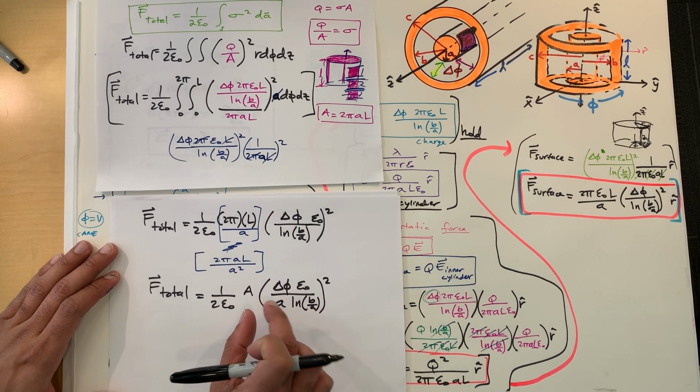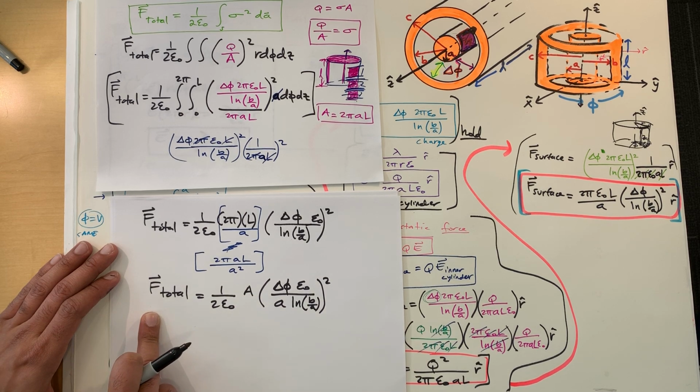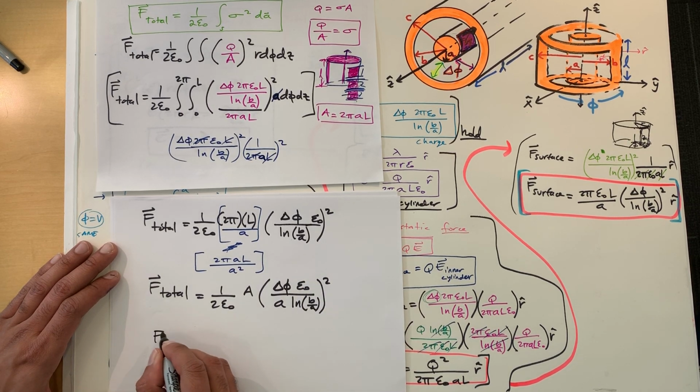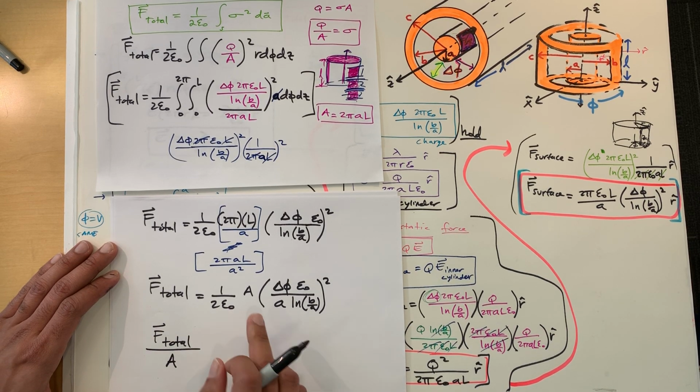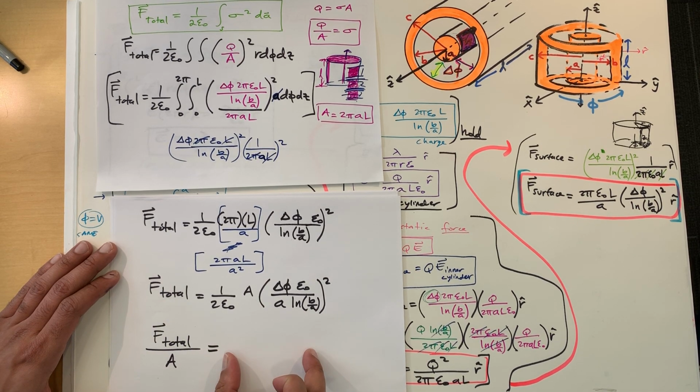We need to divide out this A to this side, and finally cancel out one of these epsilons. So we have force total over A that I'm dividing out over here to the bottom, and on the top we're going to keep this as 1 over 2 epsilon.